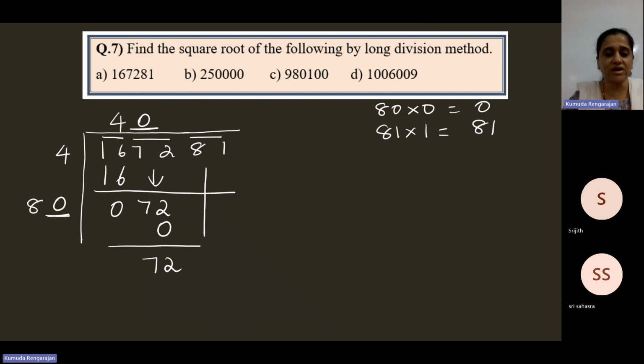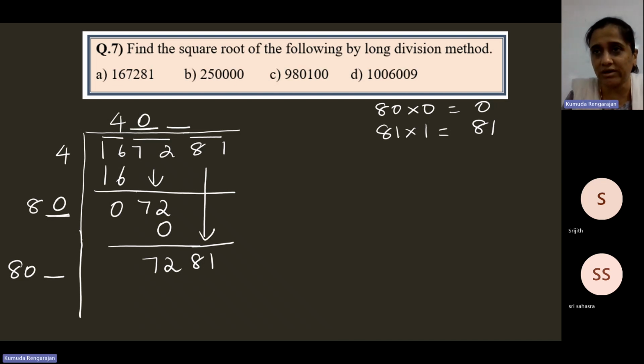The next pair comes down. Double the quotient. Okay, in the quotient we have 40 into 2, 80. You should write that against this number, 80. Now whatever digit you place here, you must place the same digit here. Okay, now this is the last step. Now the given number is a perfect square. If it were not a perfect square, the question will be different.